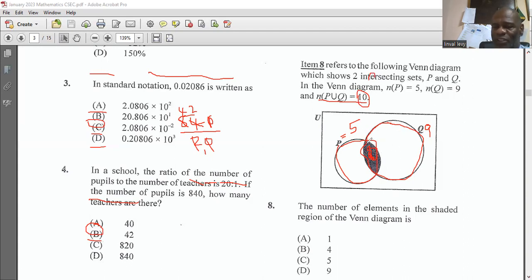So it means that some of those students overlap. So what we do, we say the number in P plus the number in Q minus 10. So 9 and 5, 14 minus 10, that should be equal to 4. So that's your answer. Okay?